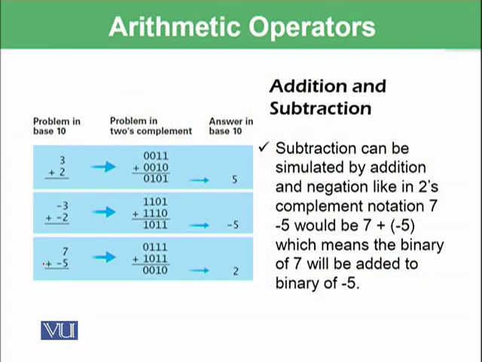So you have already learned that subtraction can be achieved or simulated by addition and negation, like in 2's complement. For example, if we save numbers in 2's complement notation, like we have stored -3 using 1101, which was actually 13 in binary, and -2 using this. If we want to add these negative numbers, the answer would be perfectly right.